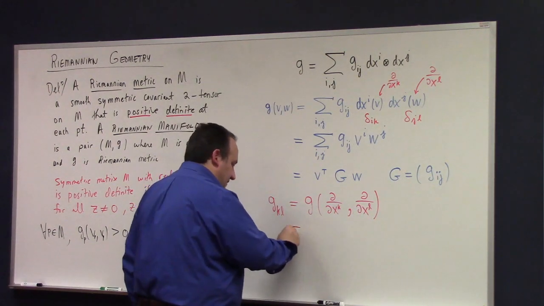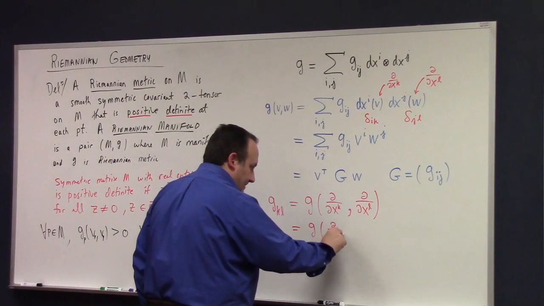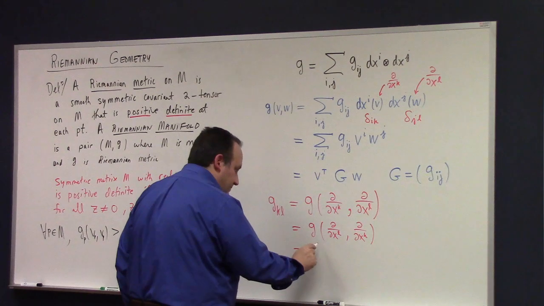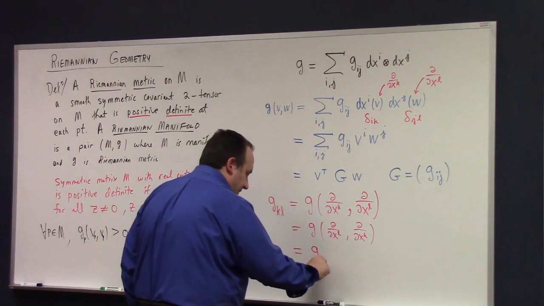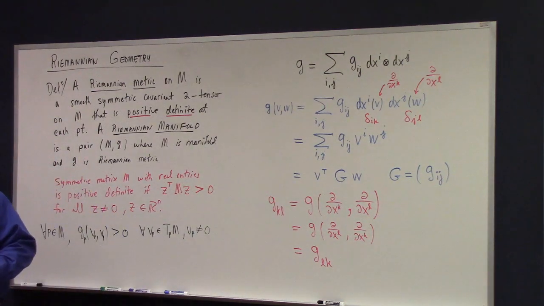But the tensor is symmetric, which means we have g_lk. So a symmetric covariant tensor has symmetric components.